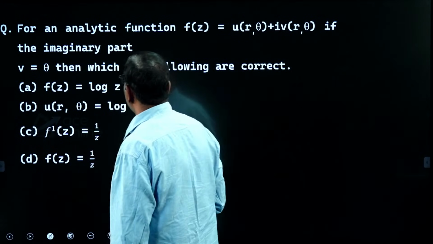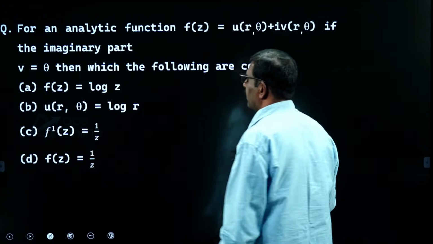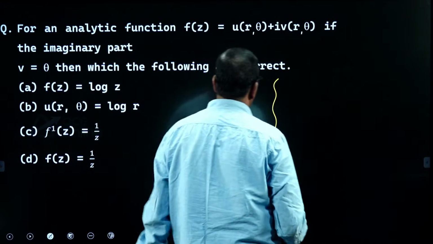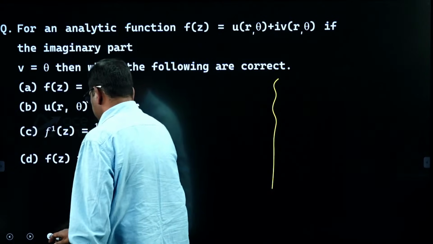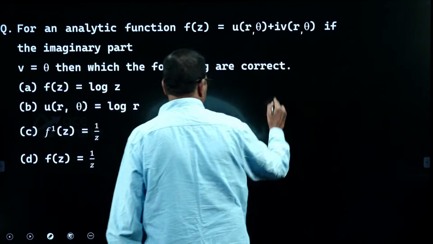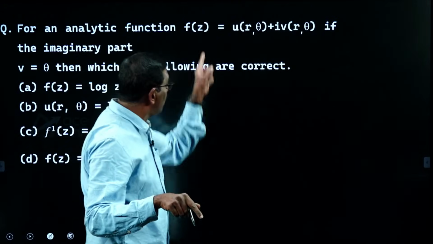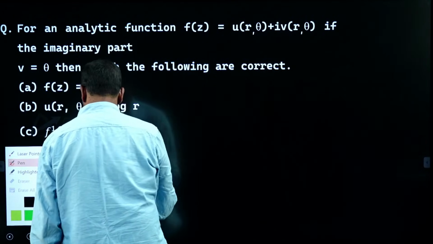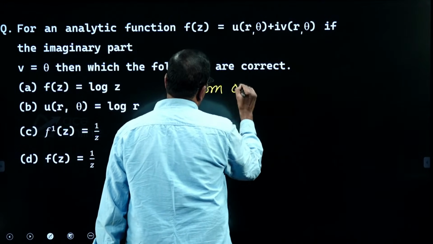If we convert f of z from Cartesian to polar form, you will get the idea. I will check whether the first option satisfies or not. From option A, take f of z equal to log z, writing z in polar form because the function is given in polar coordinates.